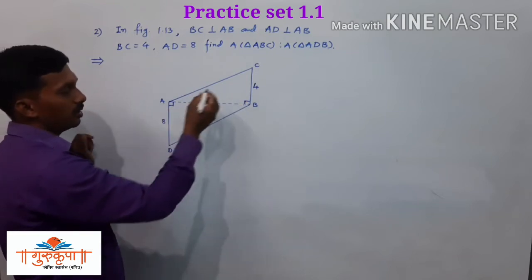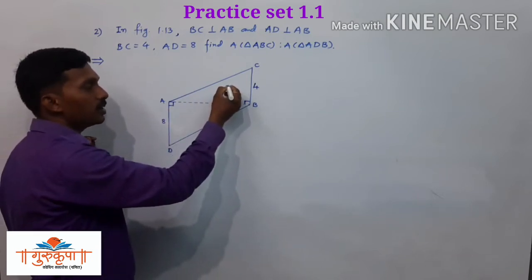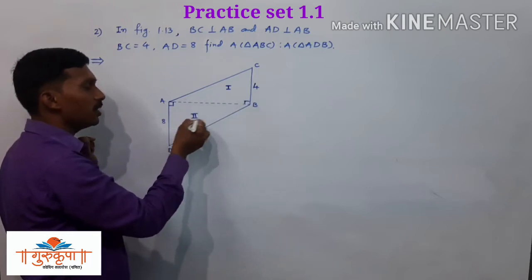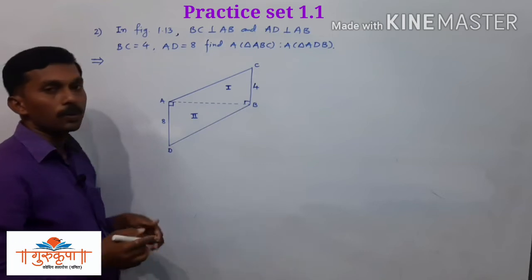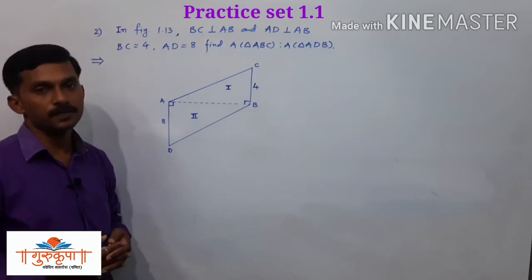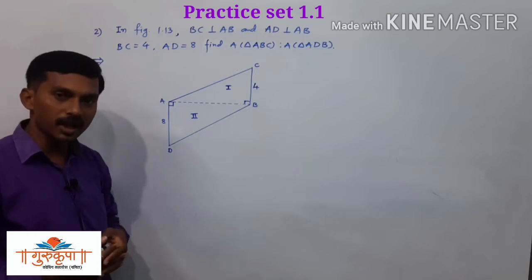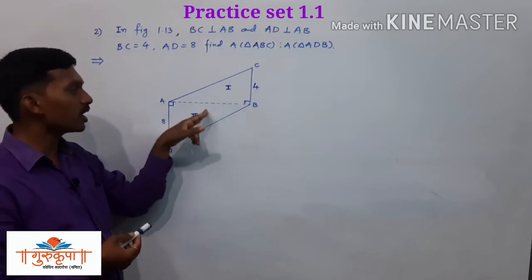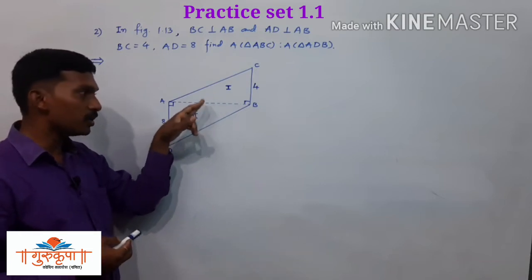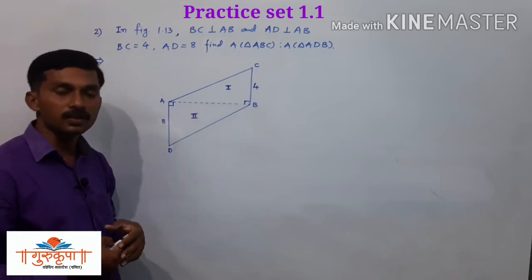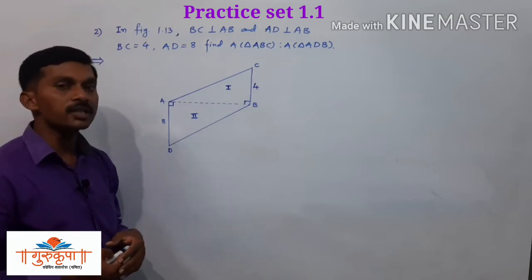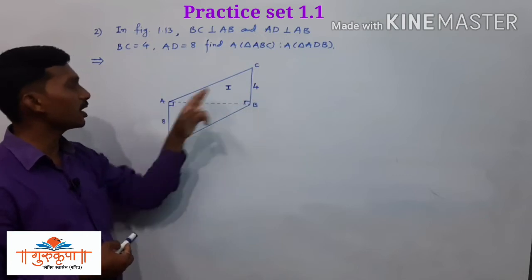Both the triangles are having equal bases. And everyone knows that if the bases of both the triangles are equal, then the ratio of the areas of these 2 triangles is equal to the ratio of their corresponding heights. And we know the height of both the triangles.